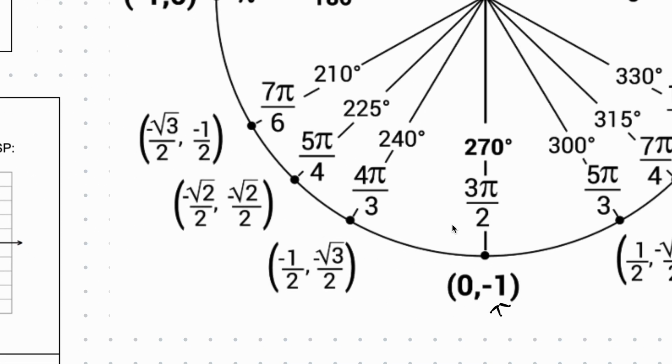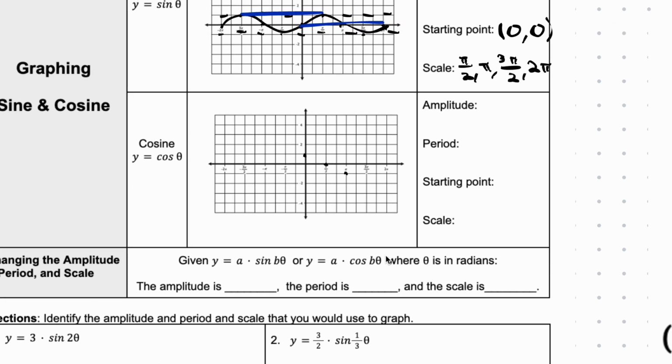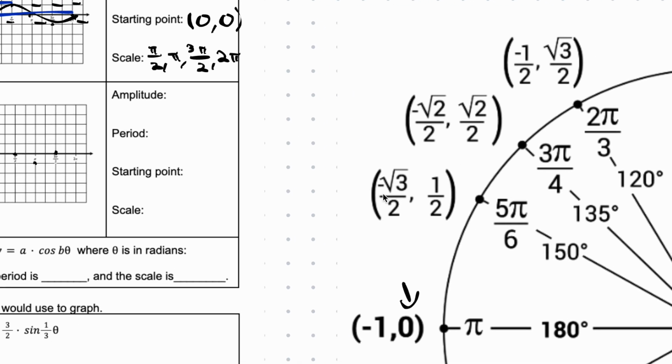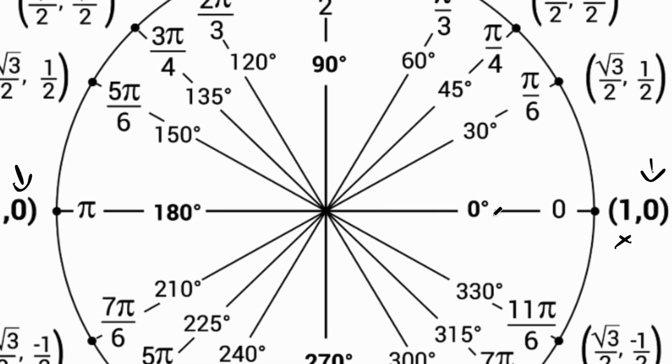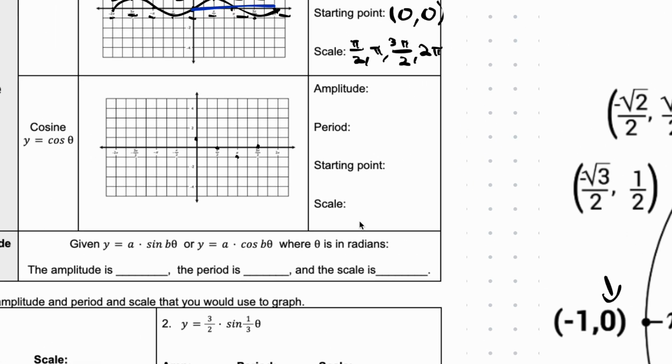And then what's our x value at 3 pi over 2? 0, so we graph 0 here. And then we go back to 2 pi. We do 1 full rotation, and our x value is now 1, so our cosine value is 1. We're just going to keep repeating this pattern, and it's going to look something like this.